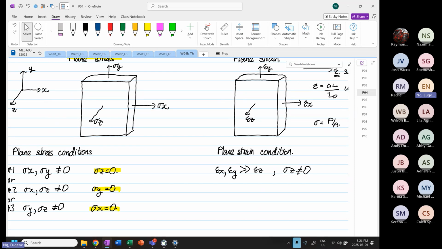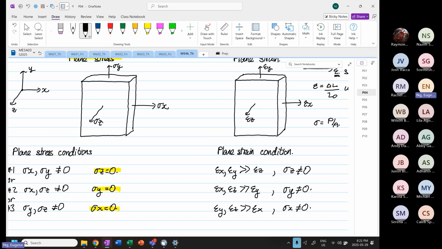Okay, so condition 2, strain in X and strain in Z is so much greater than strain in Y. Okay, however, stress in Y is not equal to 0. Again, the last one is strain in Y and strain in Z is so much greater than strain in X. However, stress in X is not equal to 0.